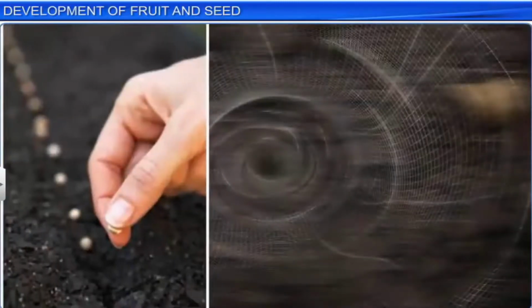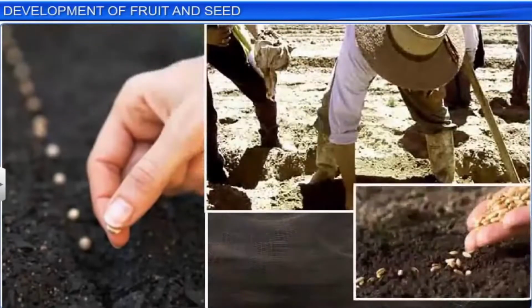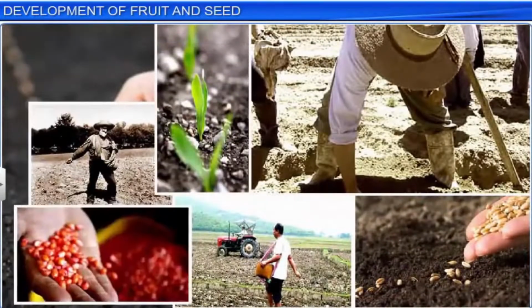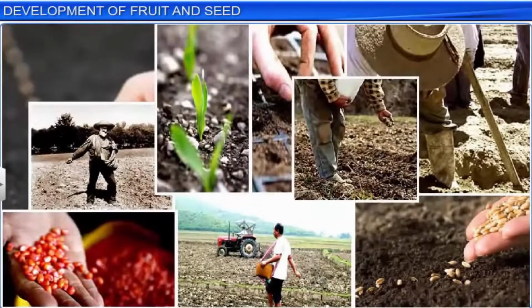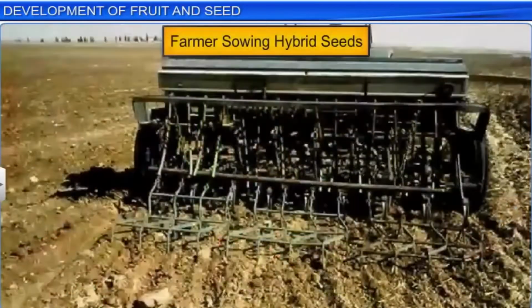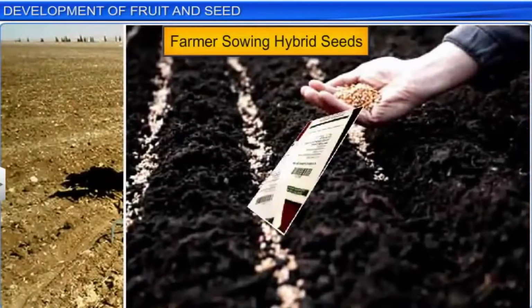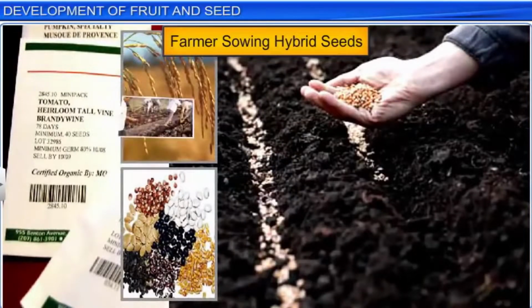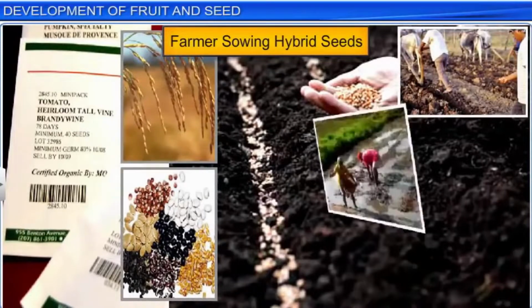Seeds, which help in the propagation of angiosperms, also form the crux of agriculture. Interestingly, farmers in recent times have started using hybrid seeds developed through artificial cross-pollination techniques.